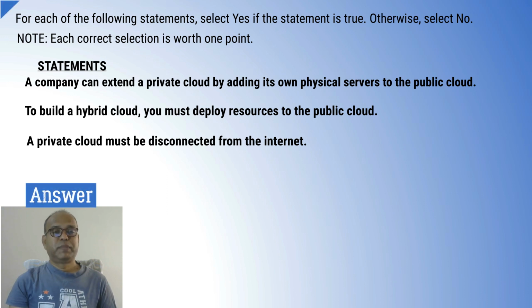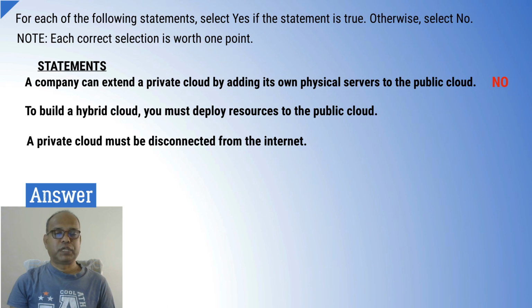Answer. In statement 1, it's not possible to add physical servers to the public cloud. You can only deploy virtual servers in the public cloud. You can extend a private cloud by deploying virtual servers in the public cloud. So the statement is false. In statement 2, we know that a hybrid cloud is a combination of a private cloud and a public cloud.